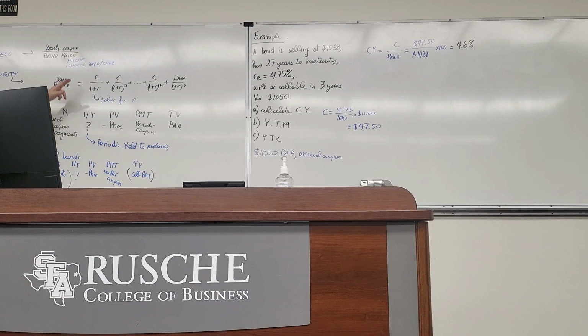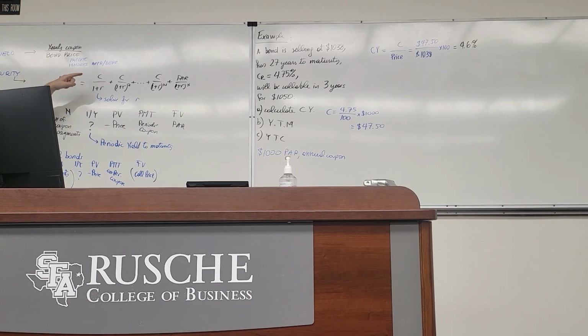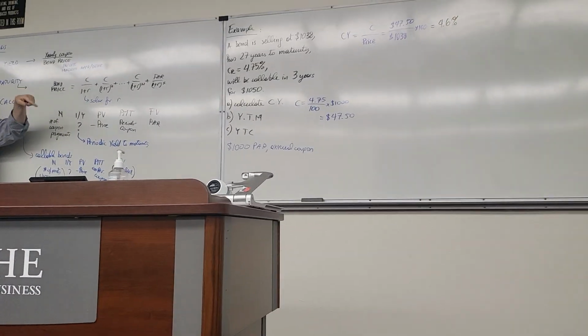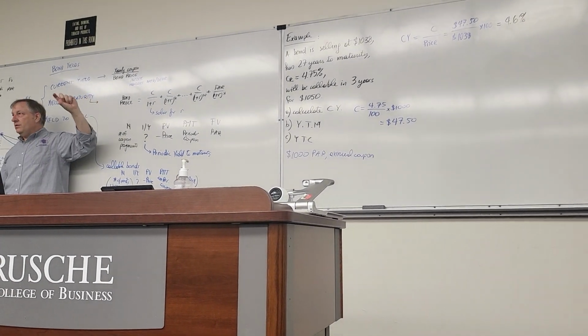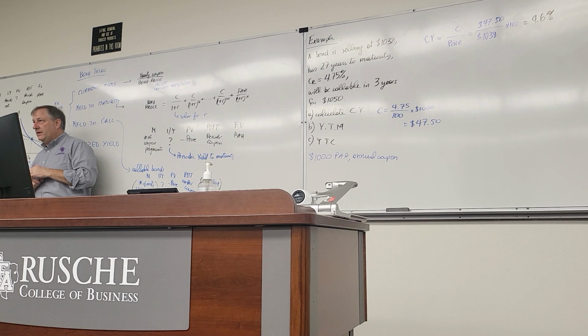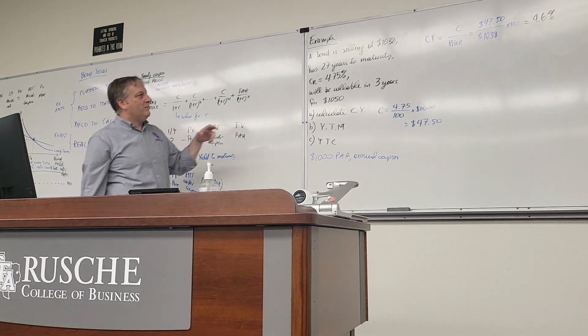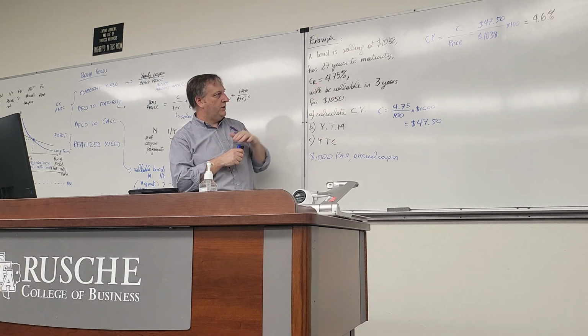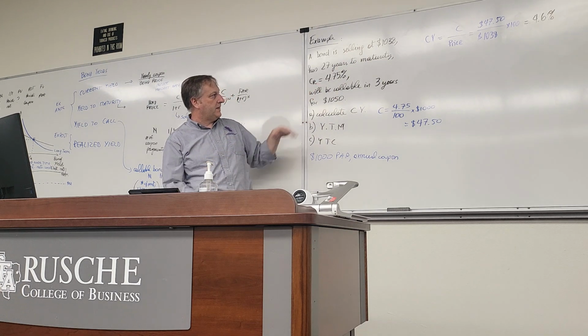If it's a premium bond, then this bond tends to do what? Depreciate. So the current yield tends to overstate the yield to maturity of this bond. The difference is probably not going to be that much because the premium is not huge, but if you look at more digits, perhaps you'll figure out that's the case.